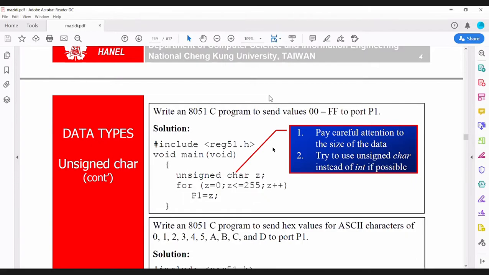How do we send this? Always remember, an 8051 C program will start with the header reg51.h. Any program you write in C for the 8051, this header file must be there. Can anyone explain the meaning of #include reg51.h?